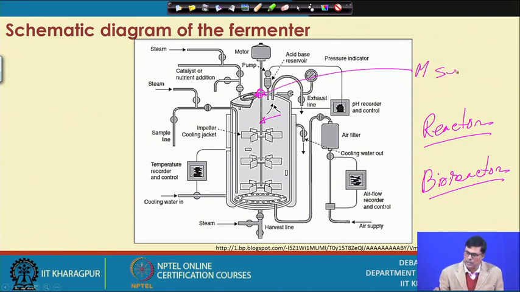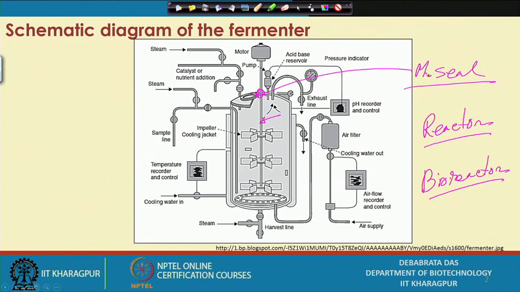We put the mechanical seal in a manner so that no air can enter the system, because air carries a lot of microorganisms. If we allow air to enter the system, then contamination will take place.